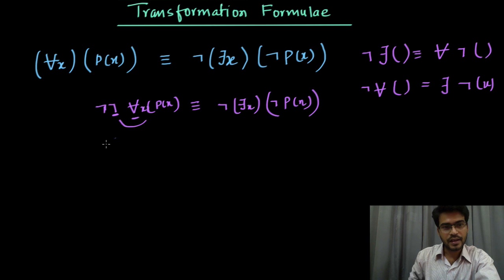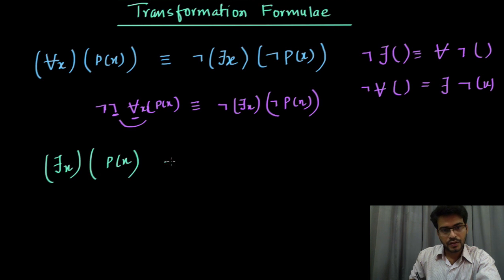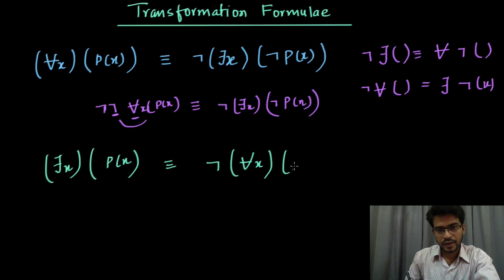Similarly, if I have there exists x, P(x), it is equivalent to saying not of for all x, not of P(x). If you understand this, you can understand that.